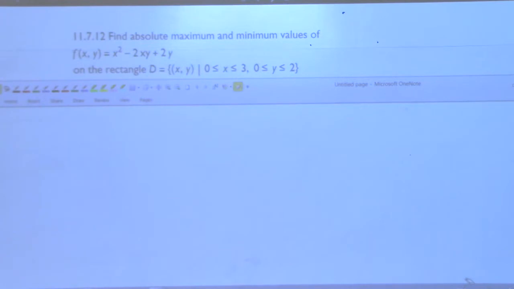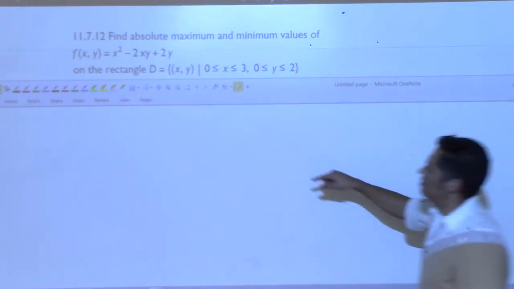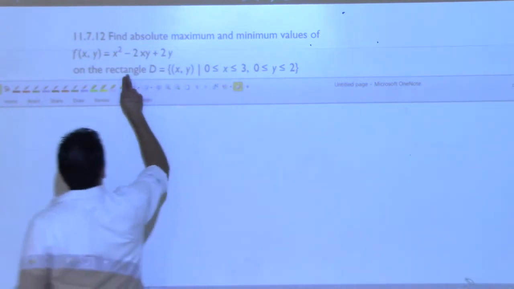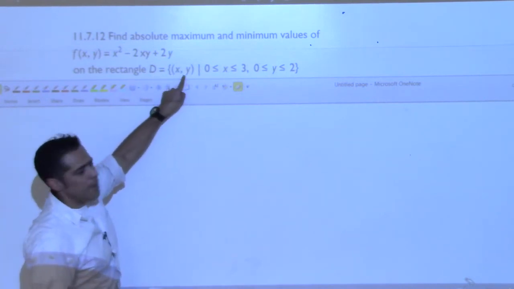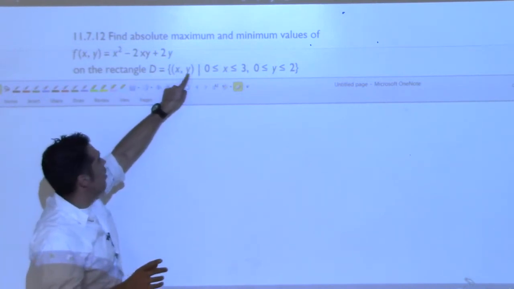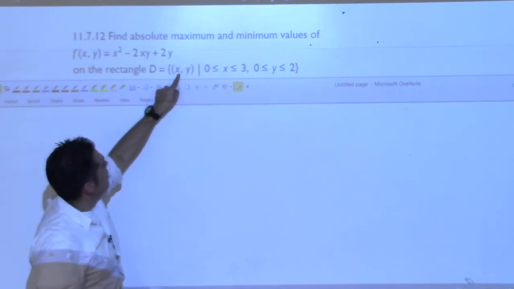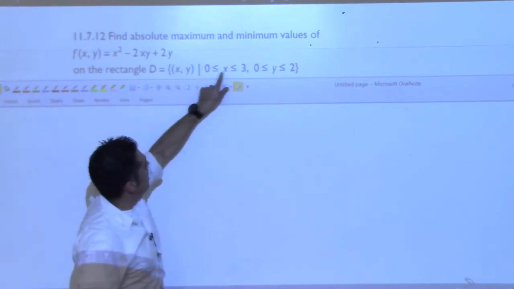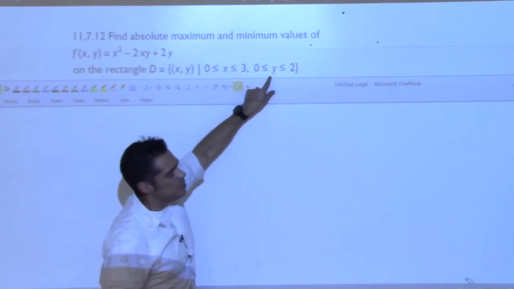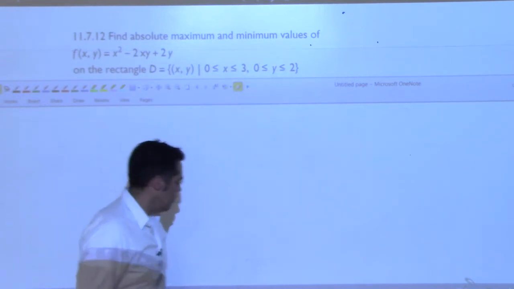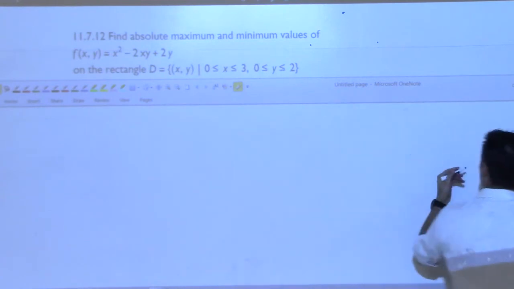D equals, so this is the way we read this. This is a rectangle, we're calling it D, which is the set of all ordered pairs in two-dimensional space. So it's basically all the points on a flat surface where x is bigger than or equal to 0, less than or equal to 3, and y is bigger than or equal to 0 and less than or equal to 2. So what does that look like?